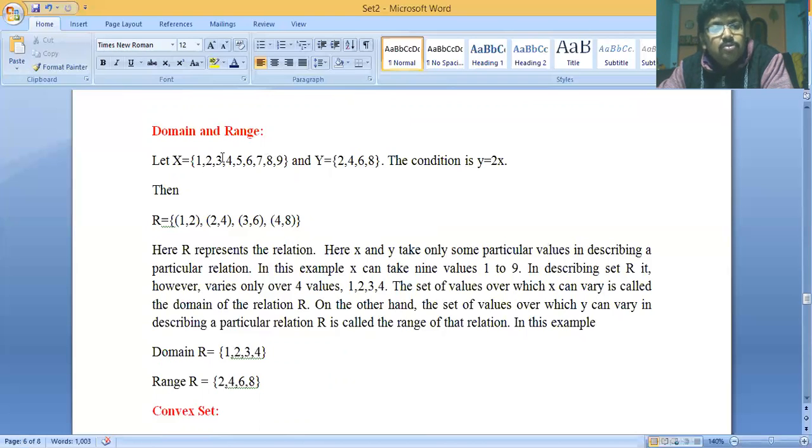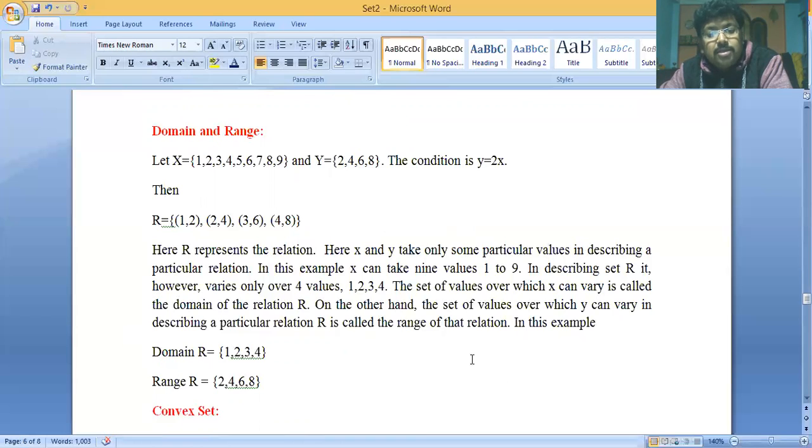It has 9 values, but only 4 values are used to satisfy this relation. The set of values over which X can vary is called the domain of the relation. So the domain of the relation here is 1, 2, 3, 4.